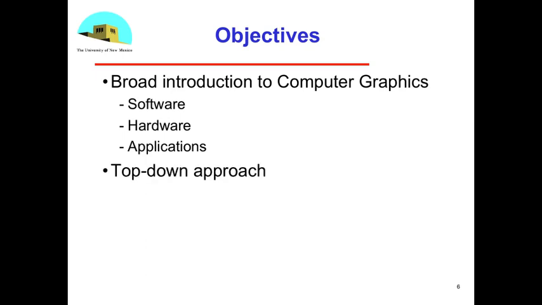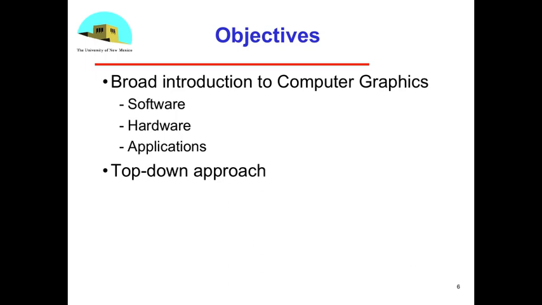One of the things that characterizes this course, and characterized it really when we started doing OpenGL about 15 years ago, is that we take a top-down approach. And so the idea is to get you programming applications, primarily three-dimensional applications, as soon as we can.